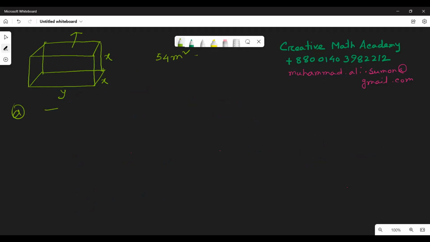The total surface area equals: the base is xy, and as there is no top, nothing above. The front face is xy, and the opposite side also xy, so it will be 2xy. Plus this part is a square shape, so it will be x square, and this part also x square, so we write 2x square.